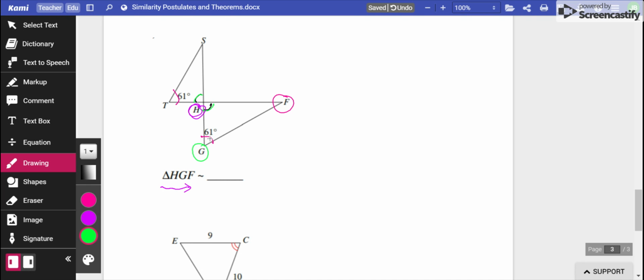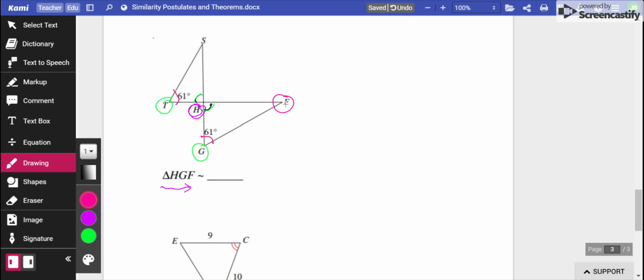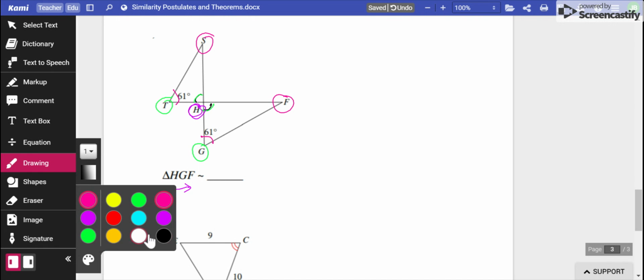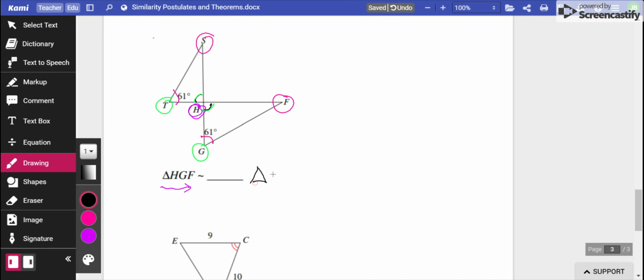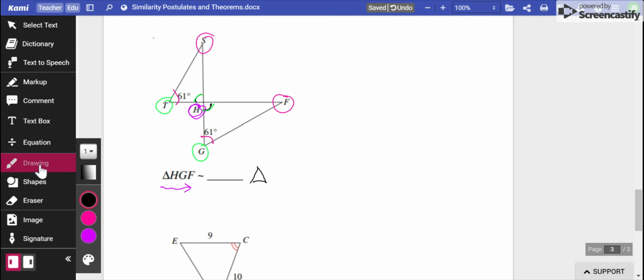Since G is labeled with a 61 degrees, T is going to be second. And the last one here, F is the last one, the unlabeled angle, so S would be the last one. So the way I would state this is, let me start with the ones that are not given to you. So the way I would state this is HTS.